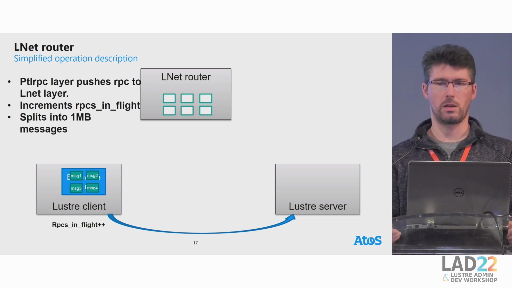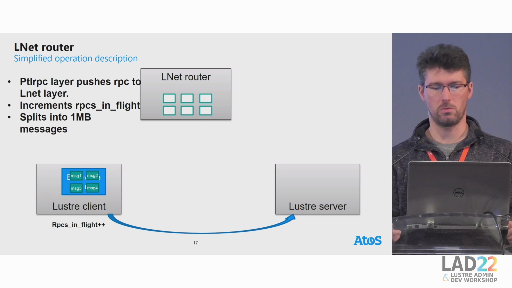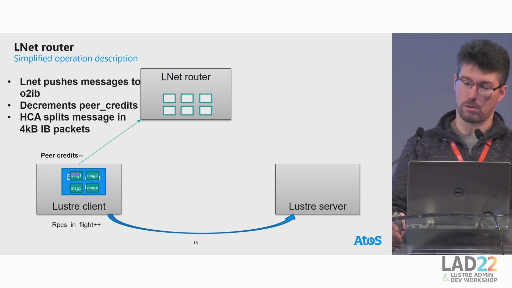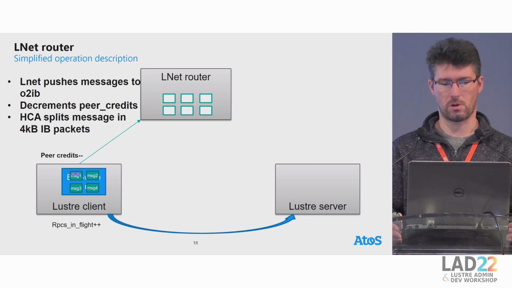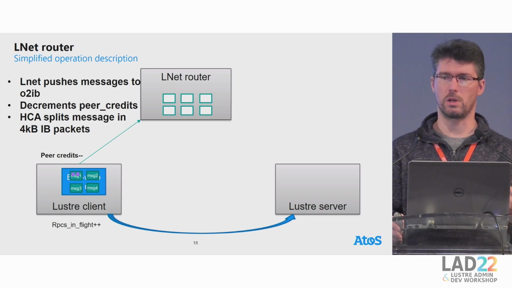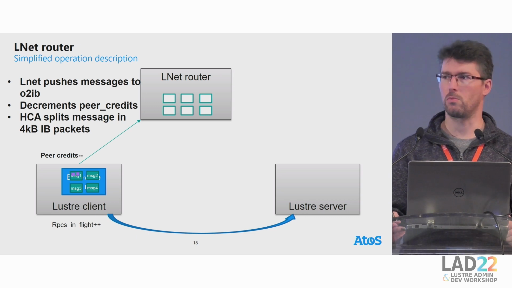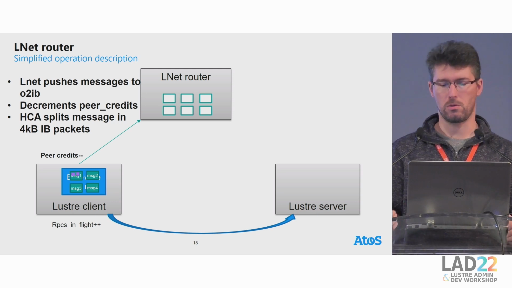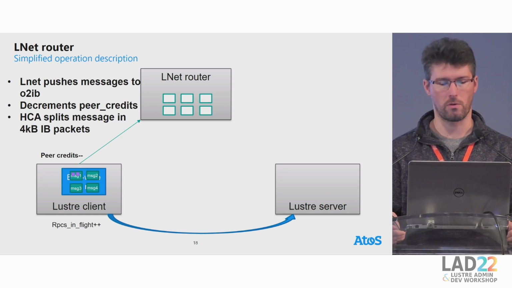And the LNet layer will then split this RPC into 1 megabyte messages at most. Once the LNet layer begins to send the message, it will send it to the router. There will be an RDMA transaction which will define on which buffer the different data needs to land. And at the LNet layer, you get the peer credits counter, which gets decremented also to keep track of the number of messages which are sent.